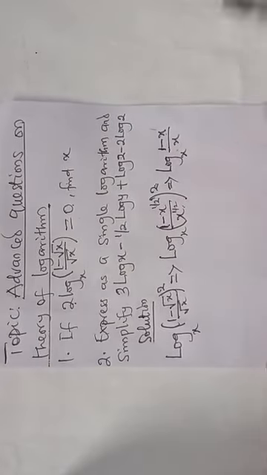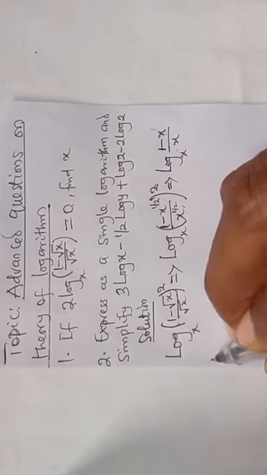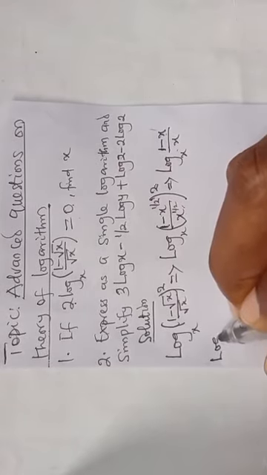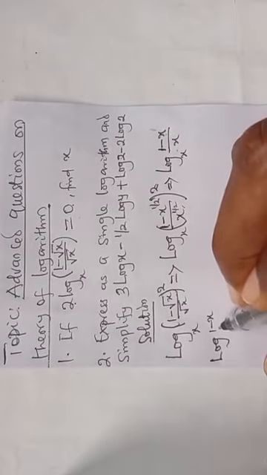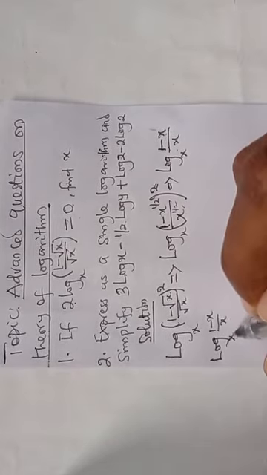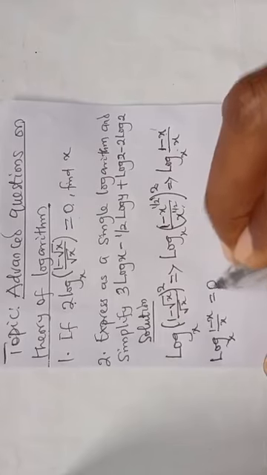So let's continue. So I'm going to have log 1 over x, sorry, 1 minus x over x to base x is equal to 0. Okay. Now let's also continue.